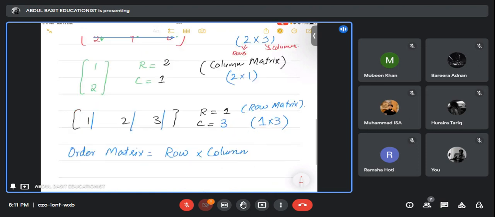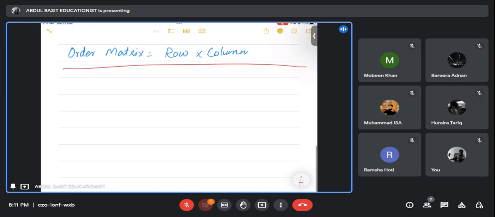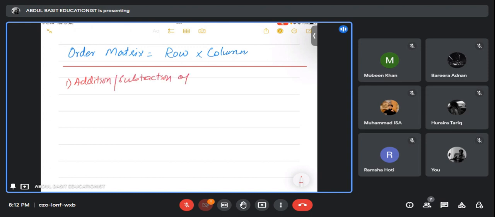Okay, there are only a few things in matrices. Let me sum up the topic. The first thing is addition/subtraction of matrices. You have to keep this fact alive, this is a note for you, that this condition is very important.